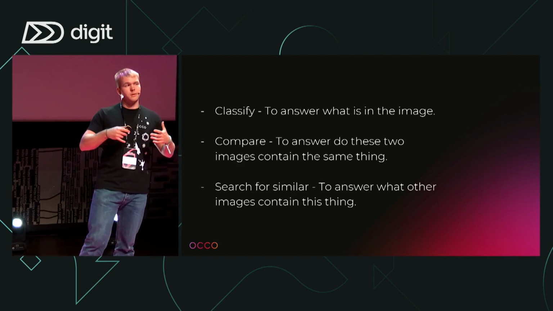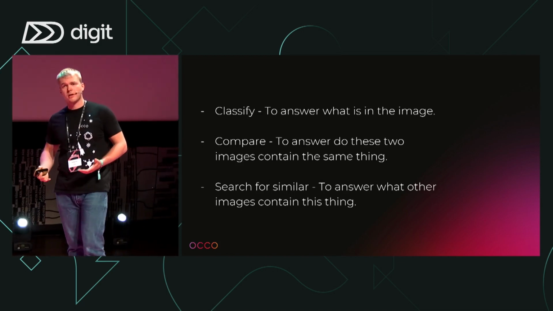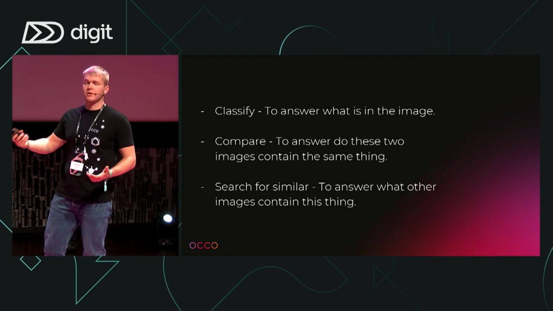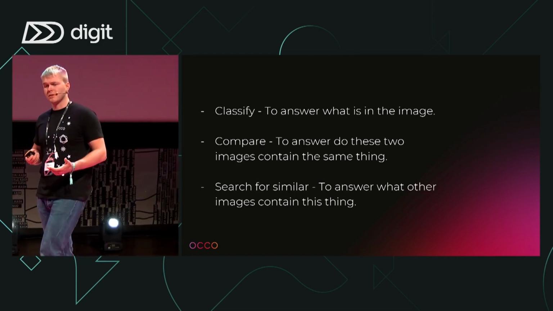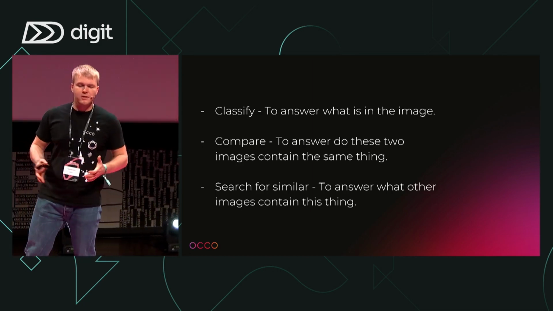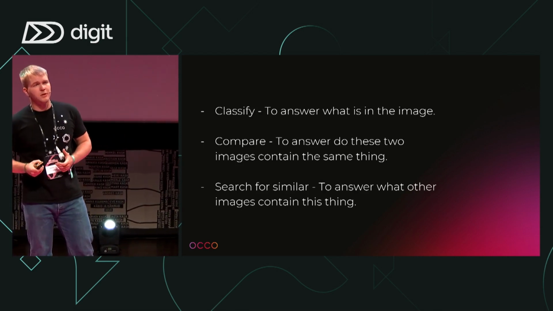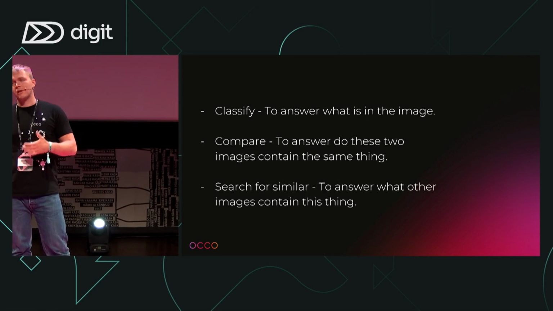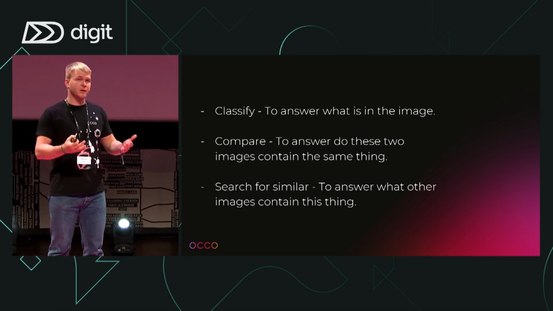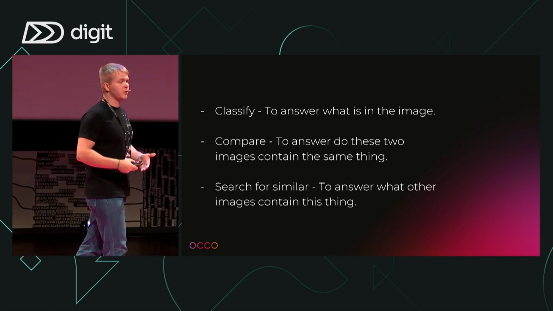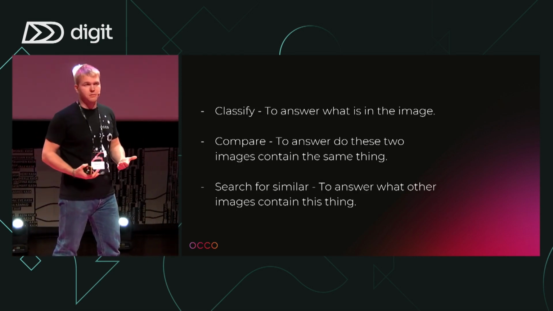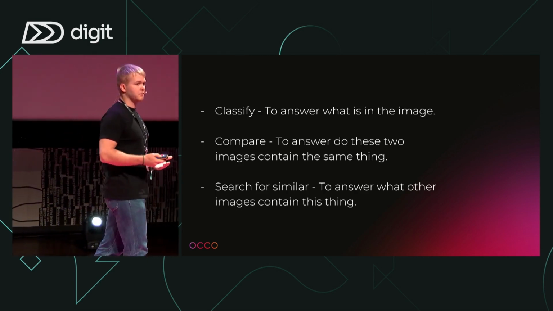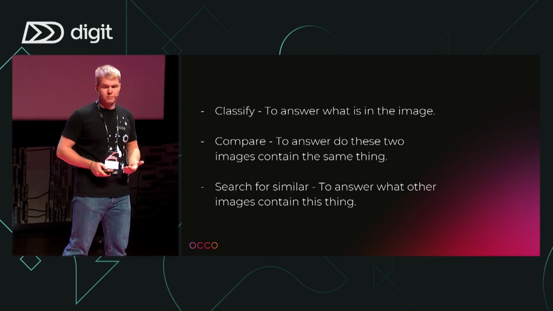If we have a search functionality in our product, we want to find all similar things that have similar embeddings. And by the way, this is not just for images. You can use the same methodology for text as well. You can turn a sentence into an embedding, or even a whole document, and then you can find the closest similarity and use it as a way to search.